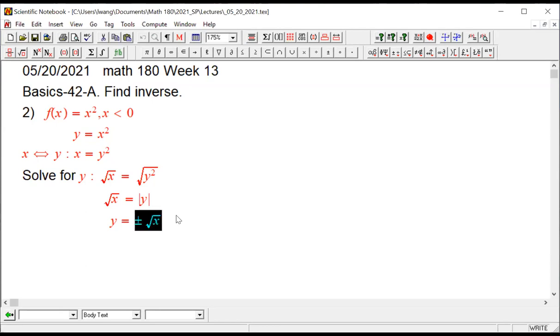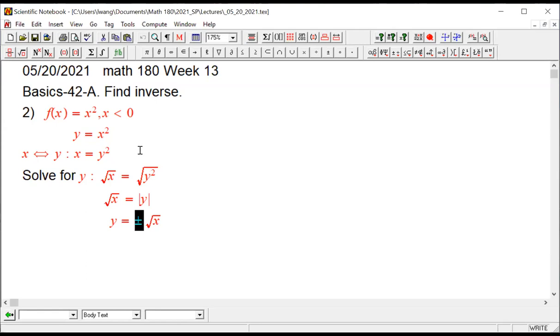If you get to this point, you will be considered either incomplete or incorrect. So you have to choose one. How do we choose that one?